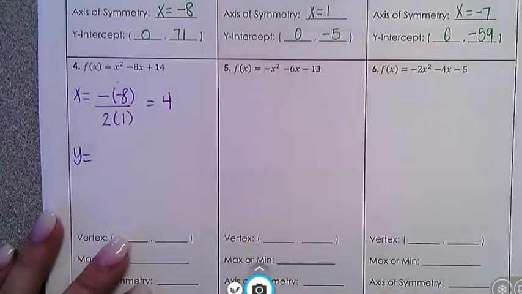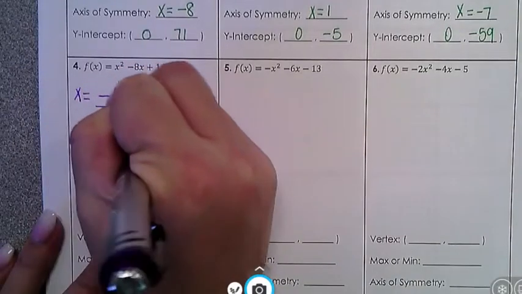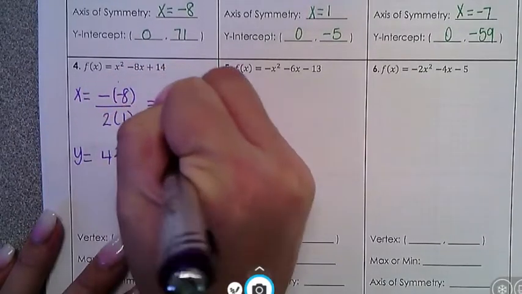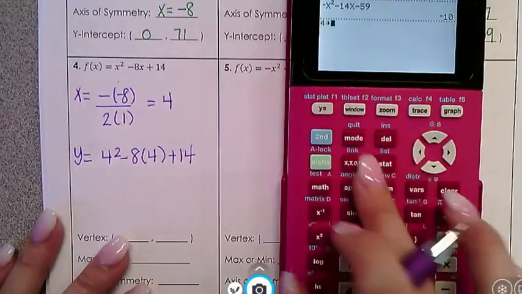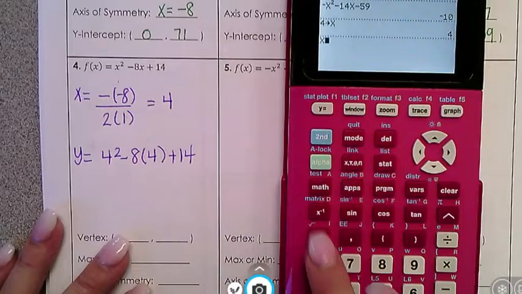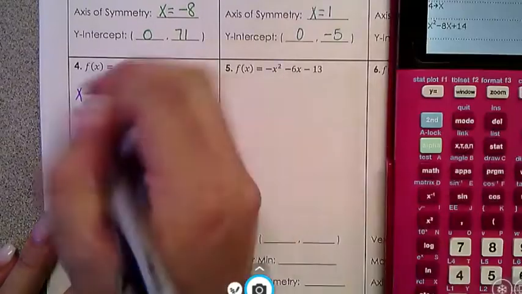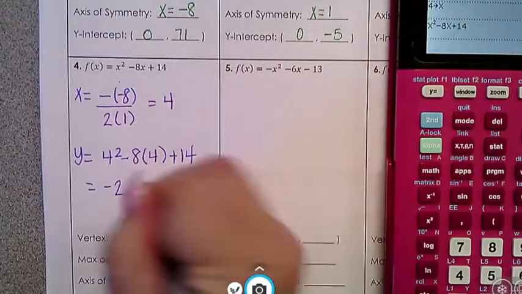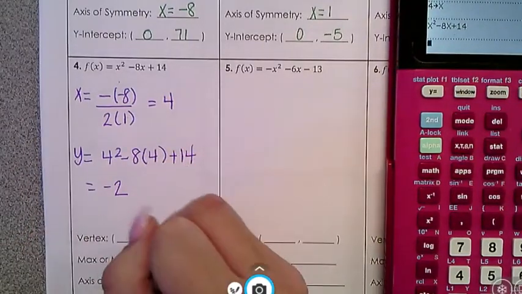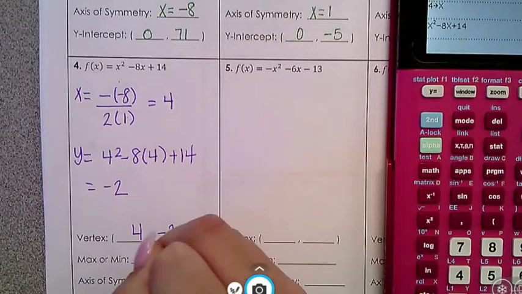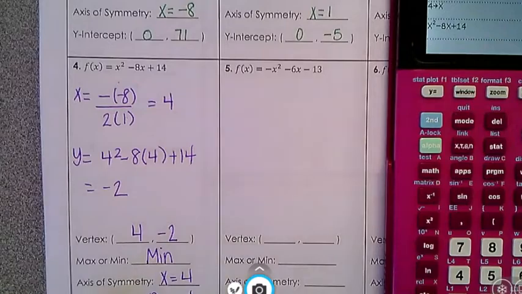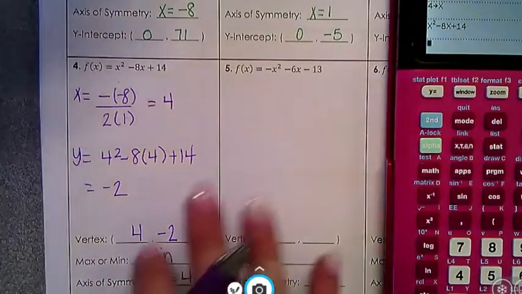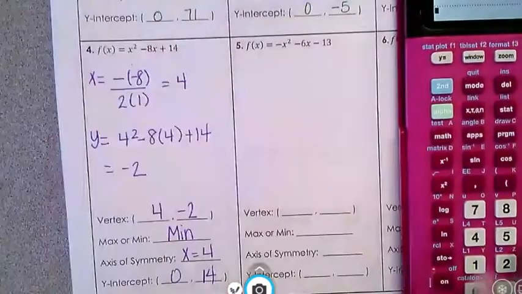Your y should have got negative 2, so the vertex is 4, negative 2. Minimum, x equals 4, and 0, 14. So you should have worked on this on your own, and those are the answers you should have gotten.